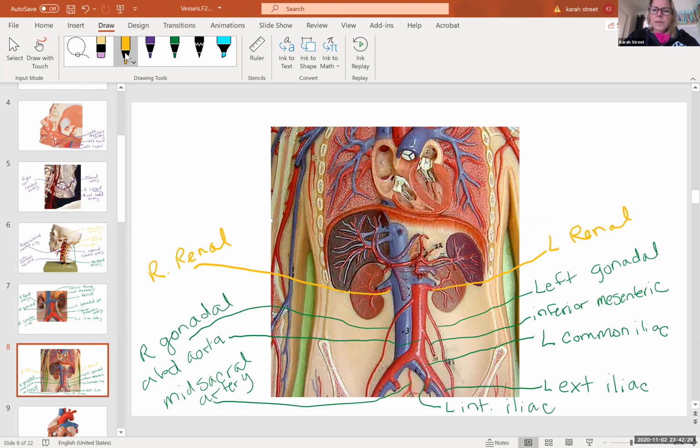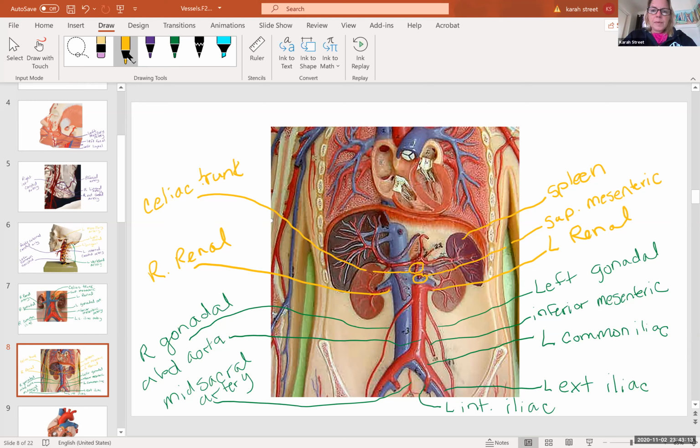Please remember, this structure is the spleen. This little nub coming out at you is the superior mesenteric. And then the next, let me make that circle smaller. This little nub coming out at you is the celiac trunk. And on this model, we can see all three branches that come off of it.